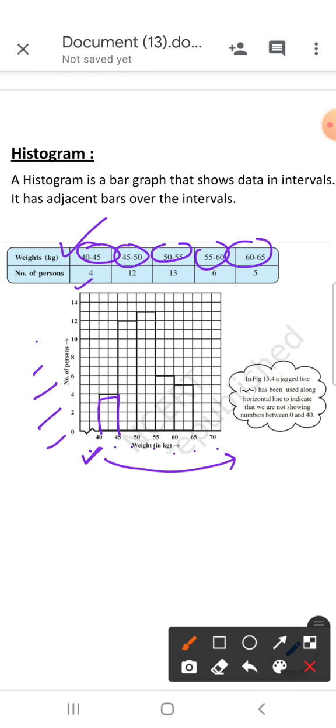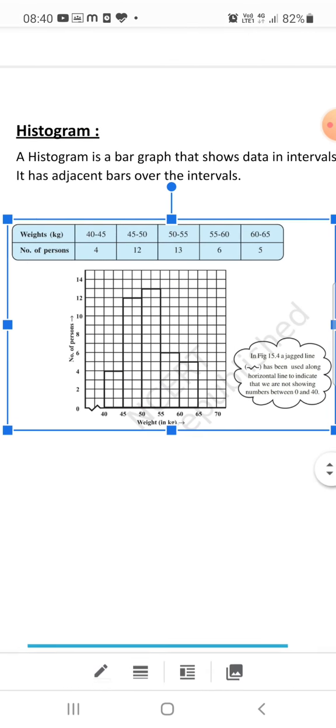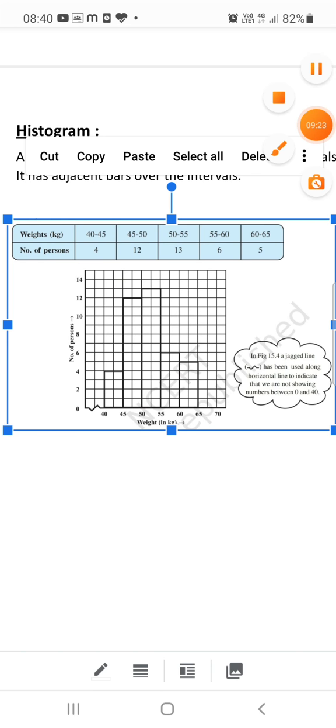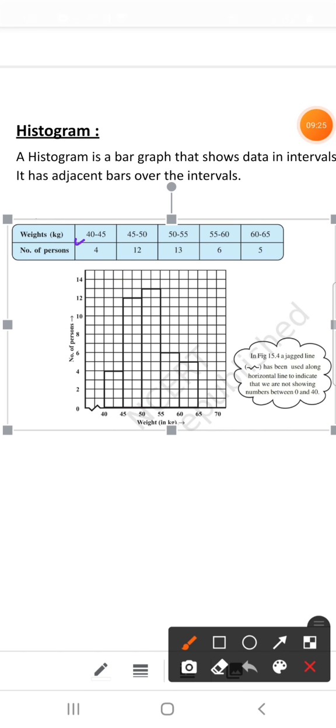I think you must have noticed this particular sign here. This is a zigzag line, or you can say a jagged line. It has been used along the horizontal line to indicate that we are not showing numbers between 0 and 40. As I told you, data is starting here from 40, so we directly started from 40.